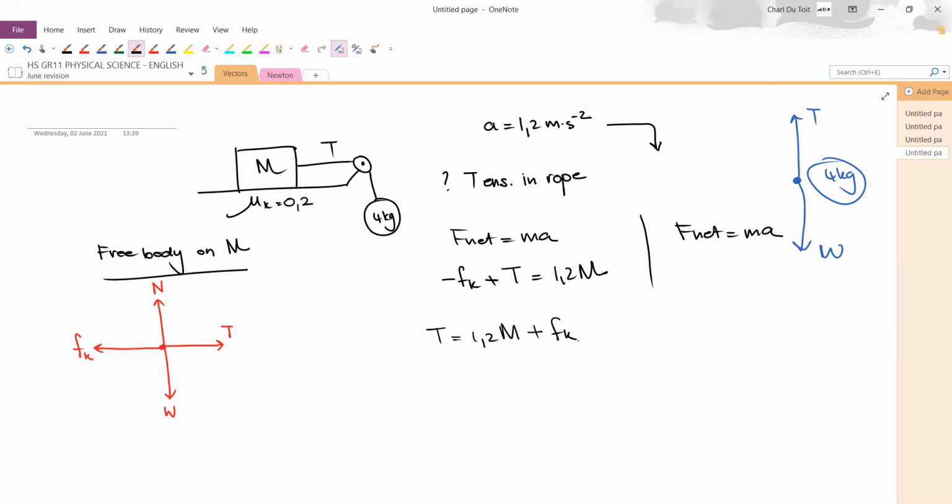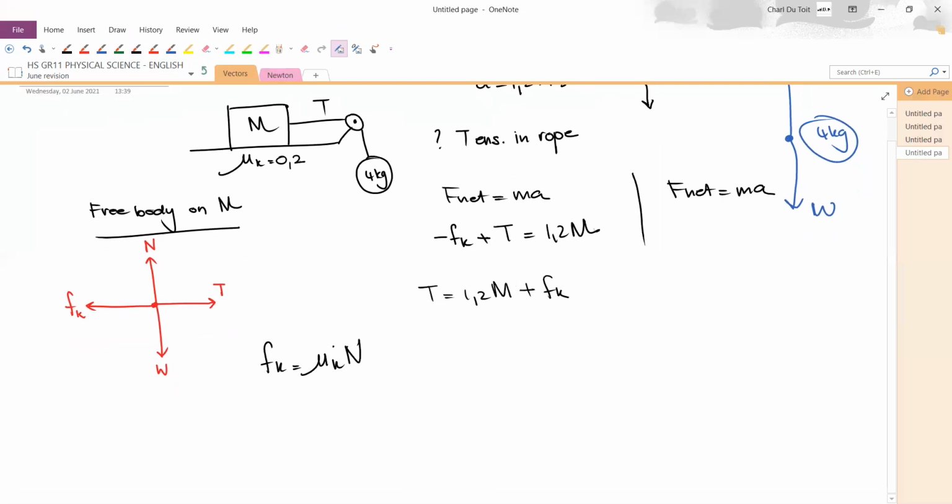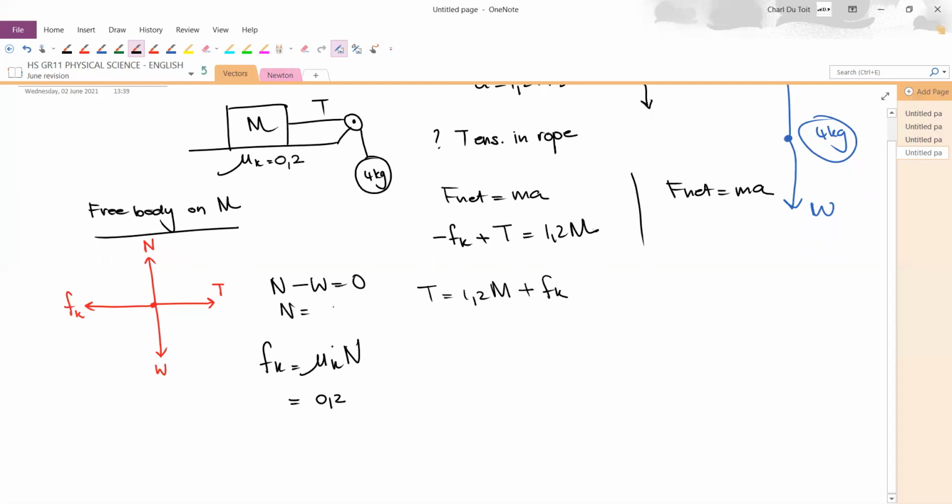What is the kinetic friction? The kinetic friction is mu N. Okay, so now we have to find that. That is 0.2 times N. N minus weight is 0, so N equals mg.